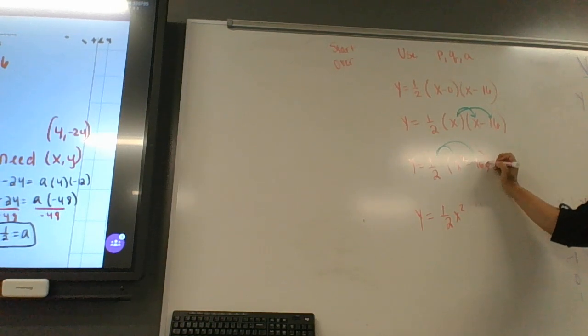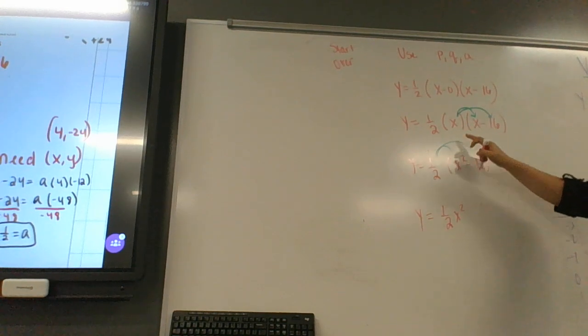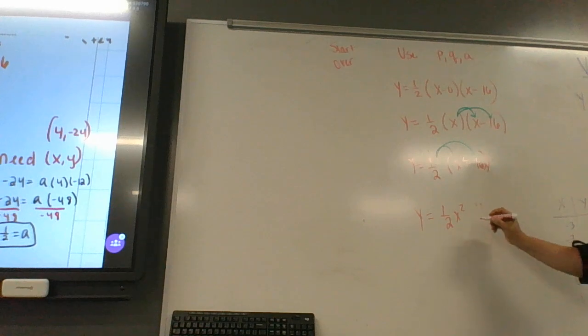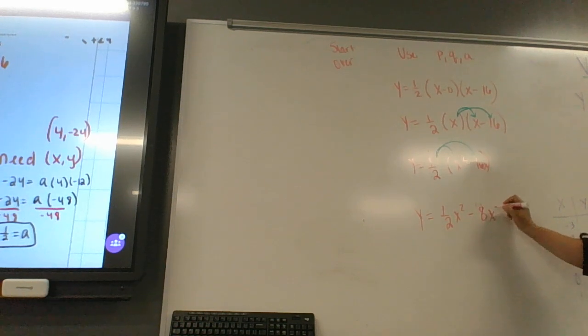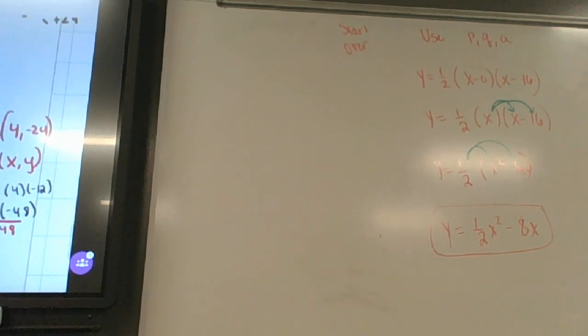Oh, that's 16x. X times x is x squared. X times 16, 16x. So 1/2 x squared minus 8x models this. It's got like a plus 0 at the end, because the y-intercept is 0. So 0 at the end.